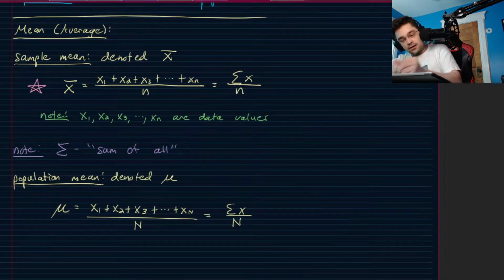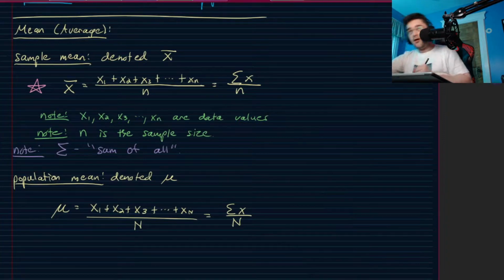Oh, and n, of course. Little n is the sample size, so the number of values in a sample set.